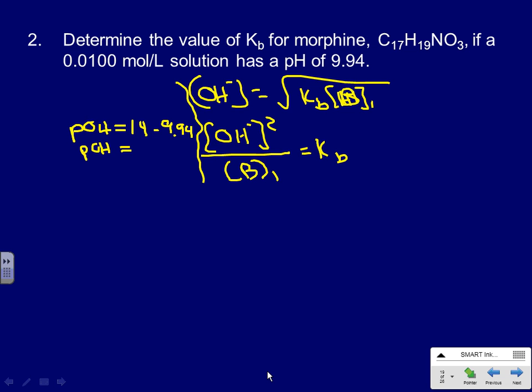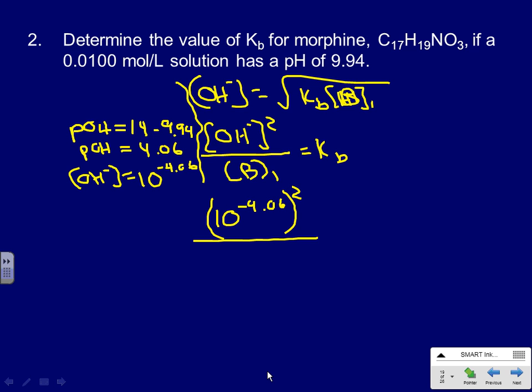That's 4.06. And if you want to actually calculate the OH and show me, that's a good thing to do, 10 to the negative 4.06. But if you want to just put that 10 to the negative 4.06 into the calculator, it should be able to handle that. 0.0100 equals KB. That's up to you, all right?